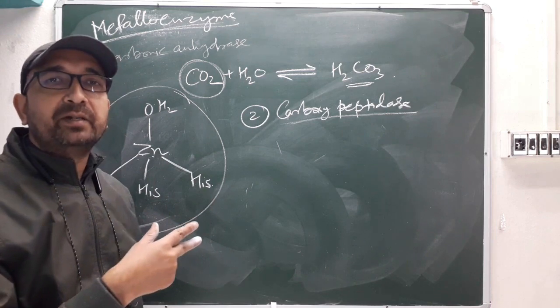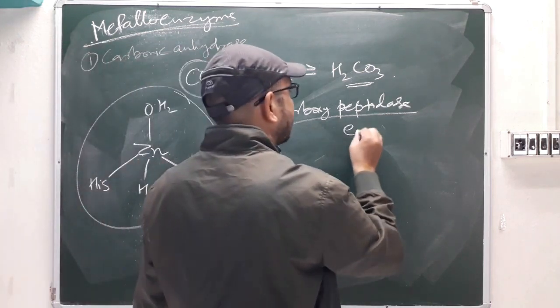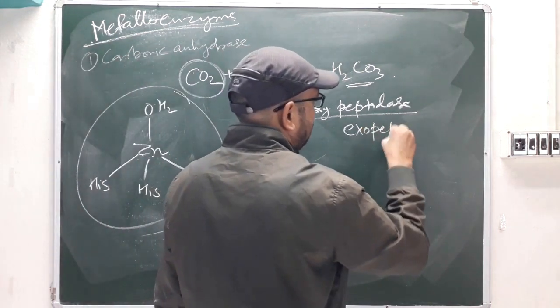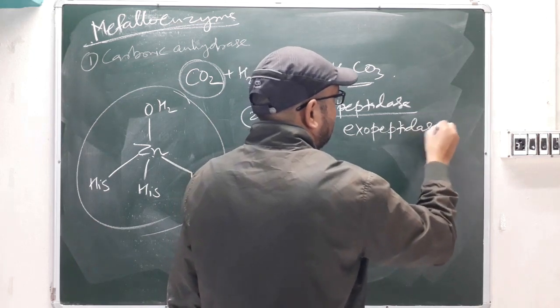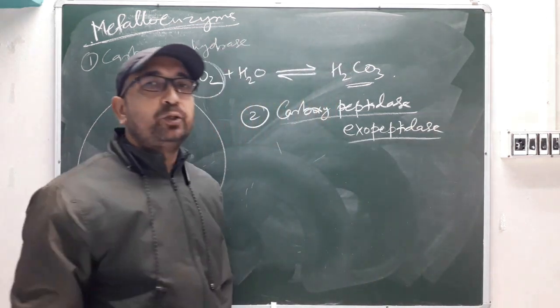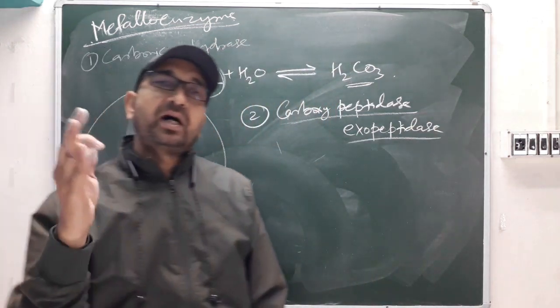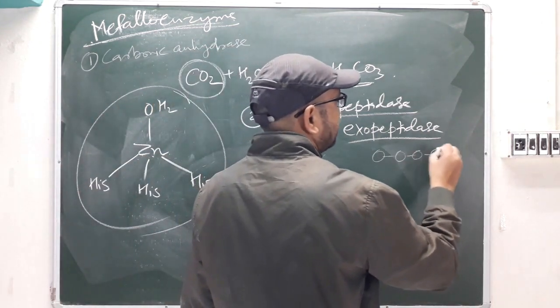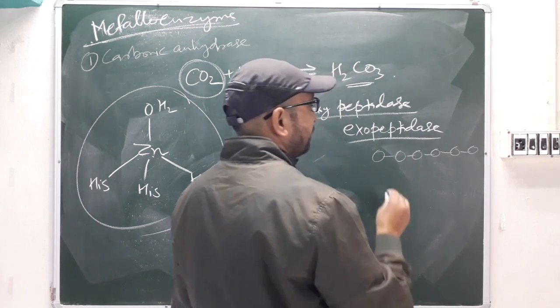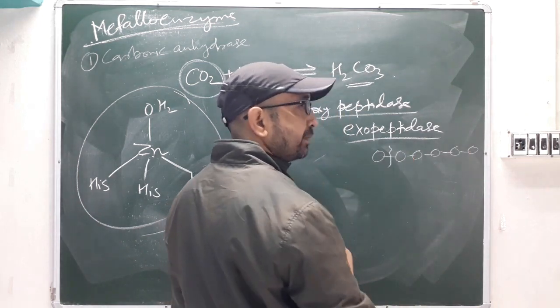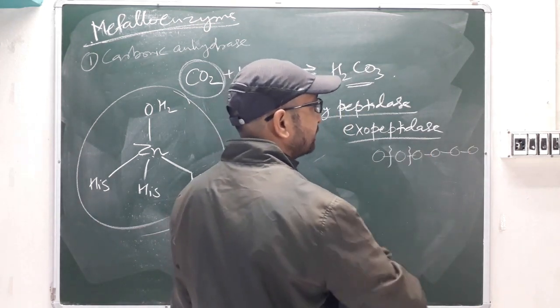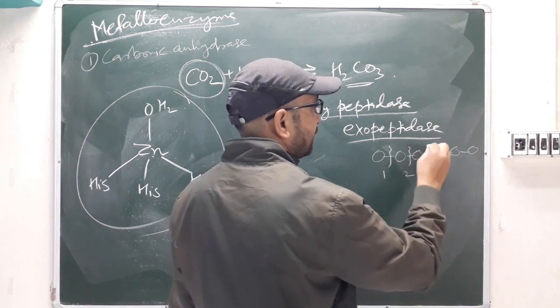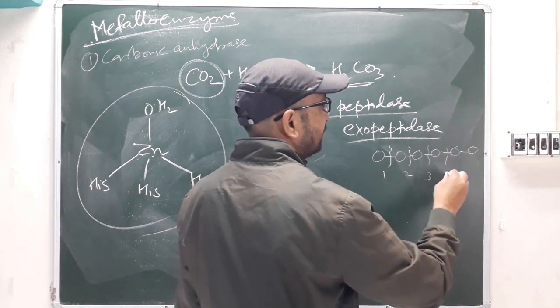It will cleave the peptide bond, where two amino acids are joined together, but we call it an exopeptidase. What are exopeptidase and endopeptidase? Exopeptidase means from the outer side: suppose these are the amino acids of a protein. If it cleaves from the end, first it cleaves this one, then second this one, then third, then fourth.